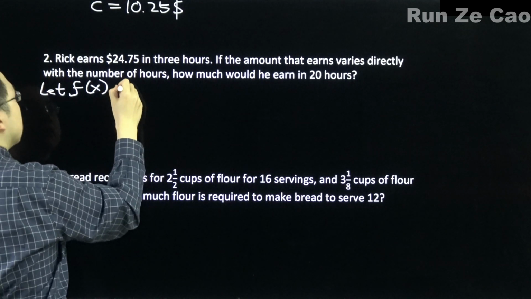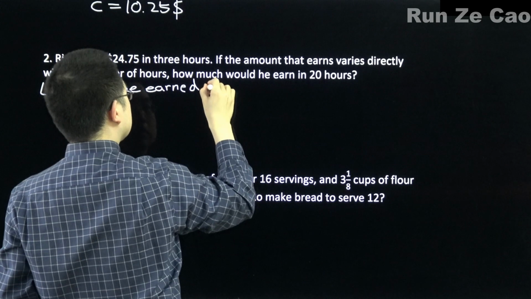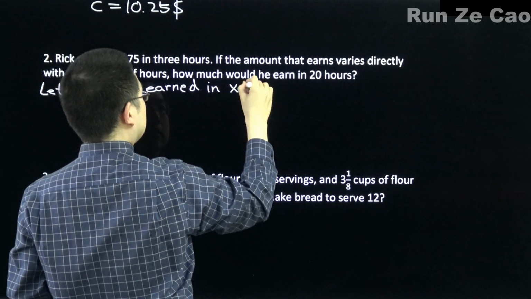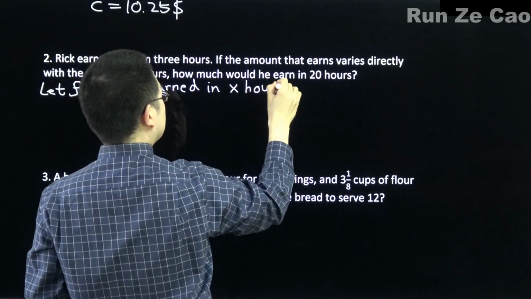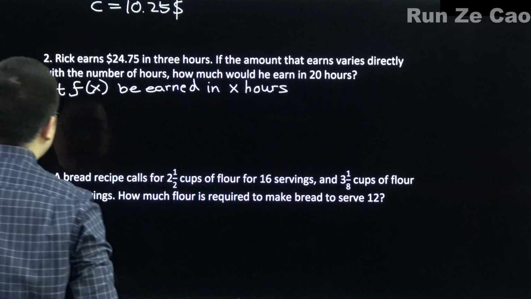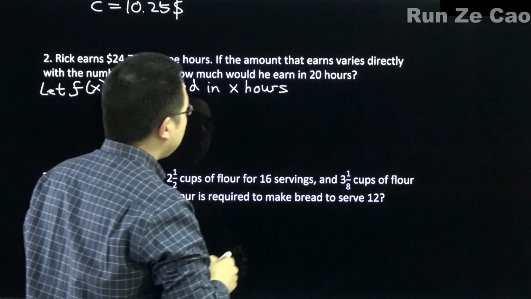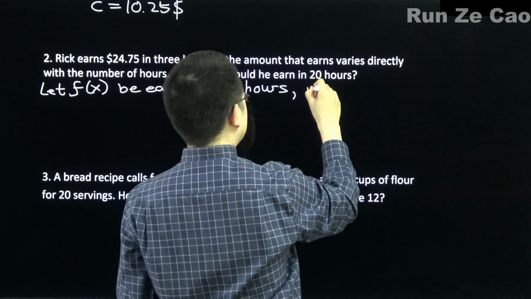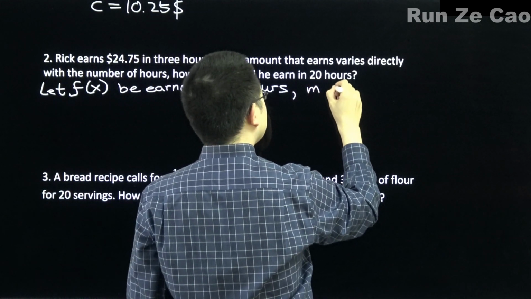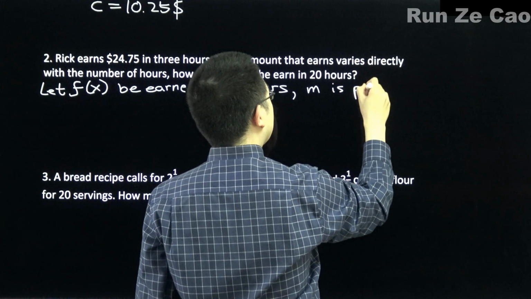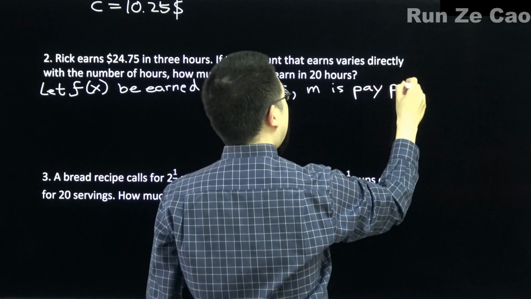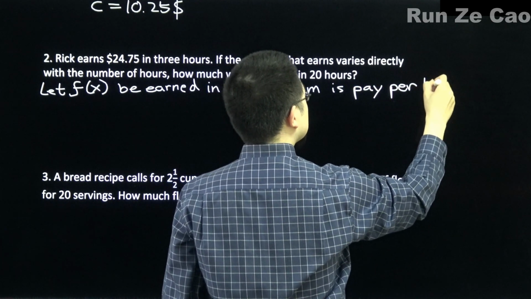Let f of x be the amount earned in x hours, and m is the pay per hour, or hourly rate.